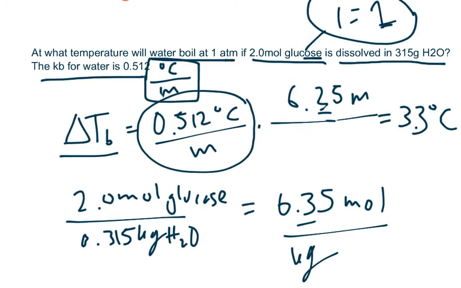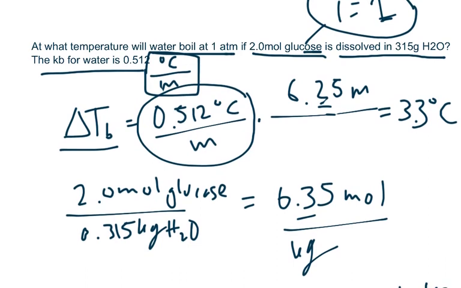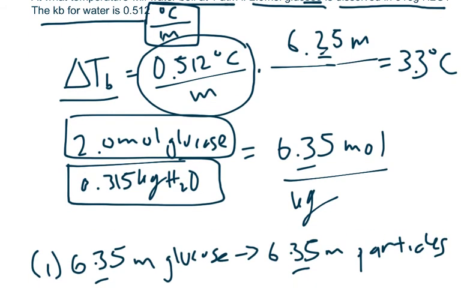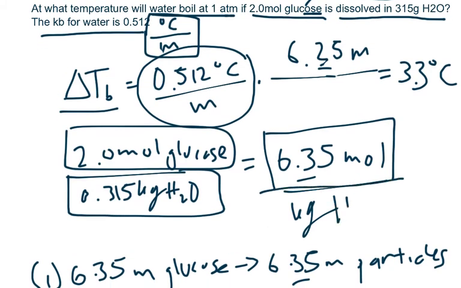Now, how did I find this molality? Well, I know that molality is moles of solute over kilograms of solvent. So it's 2 moles of glucose over 0.315 kilograms of water. And simplifying that, we get that there are 6.35 moles of glucose for every kilogram of water.